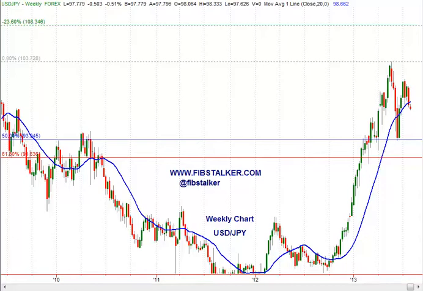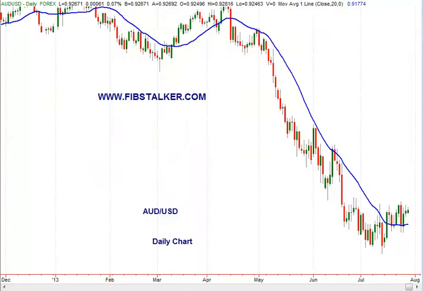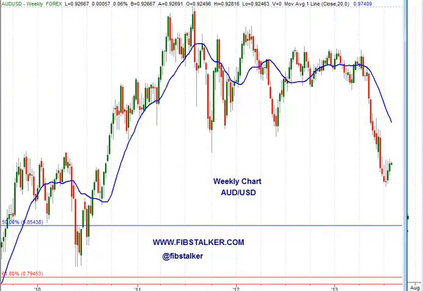So I think the Japanese yen is reinforcing against the US dollar, which of course is due to the fact that the dollar is weakening a lot. Moving to the Australian dollar versus the US dollar.